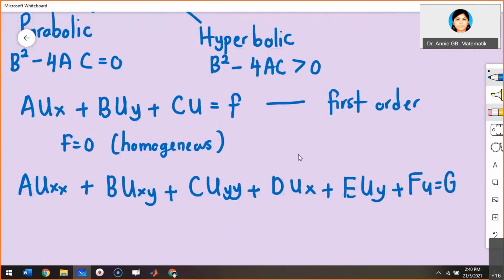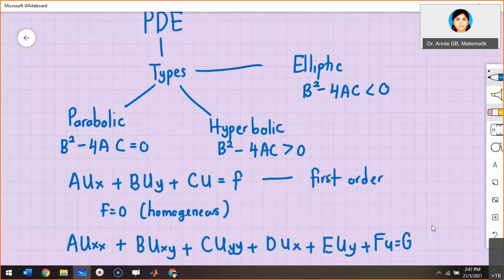Okay, and then this is the second order. So, if again same thing, if G is equals to 0, you have homogeneous equation. So, these are the types that you can find out from PDE.